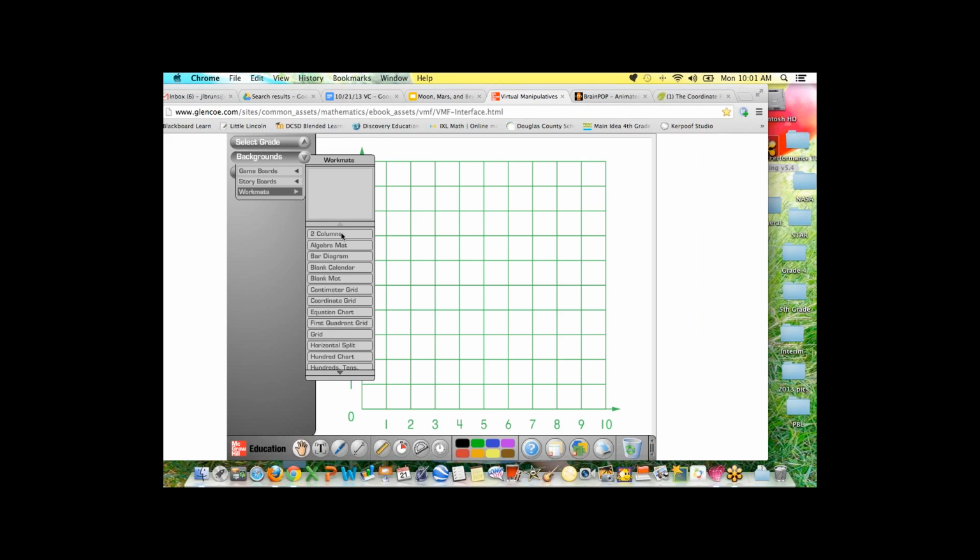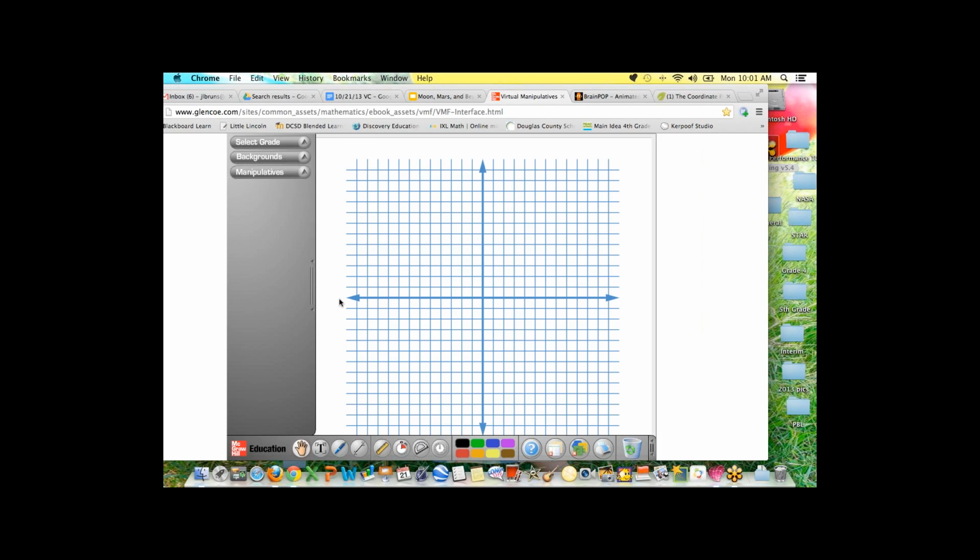Oh, well. Miss Burns, yes? Why do they call it the x-axis and the y-axis? I don't know. I think they have to label them so you know which one you're talking about, but I don't know why they came up with the letter X or the letter Y. That's a really good question. But it's just to let you know which line we're talking about. Right here, we're talking about the X line or X axis, and the vertical one, the up and down one, is called the Y axis.